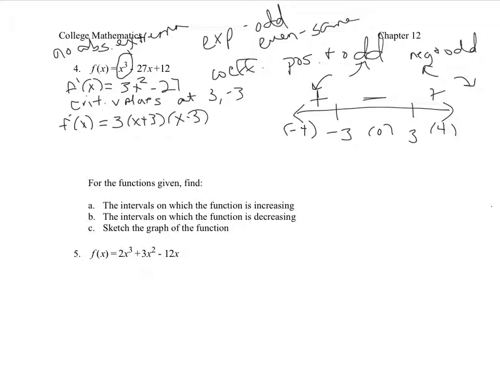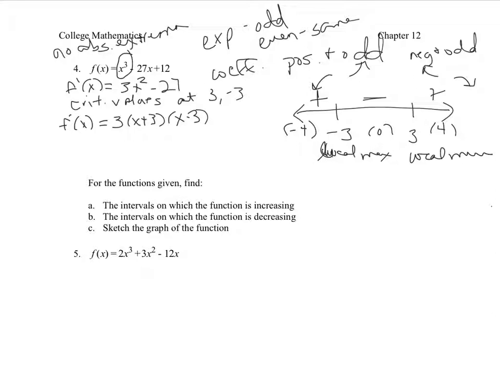A local max or a local min? Local max. That's a local max. Because it went from an increasing slope to a decreasing slope. Okay? What does that mean we have at +3? A local minimum, because we're going from a negative to a positive.